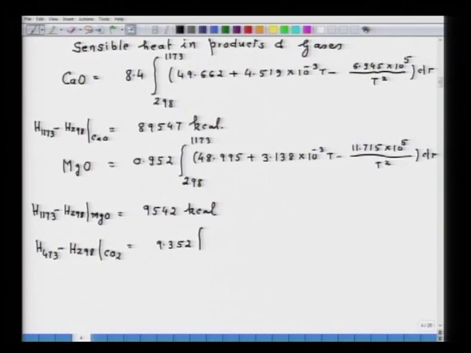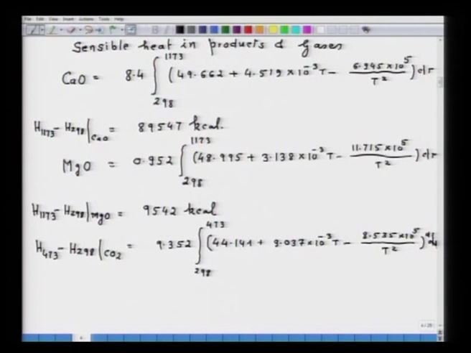I have to write its Cp value from 298 to 473, 44.141 plus 9.037 into 10 to the power minus 3 T minus 8.535 into 10 to the power 5 upon T square, to integrate it, dT.